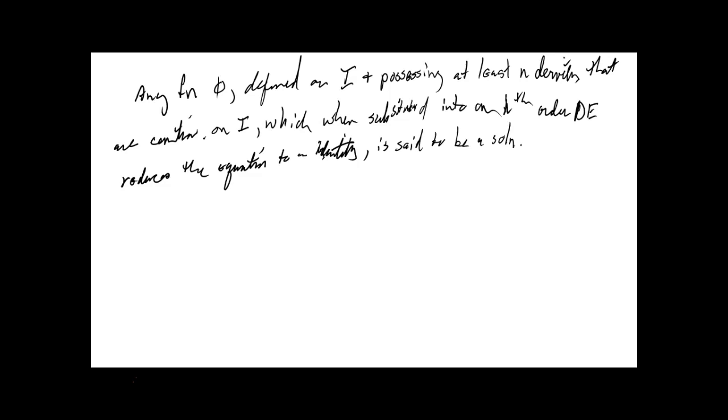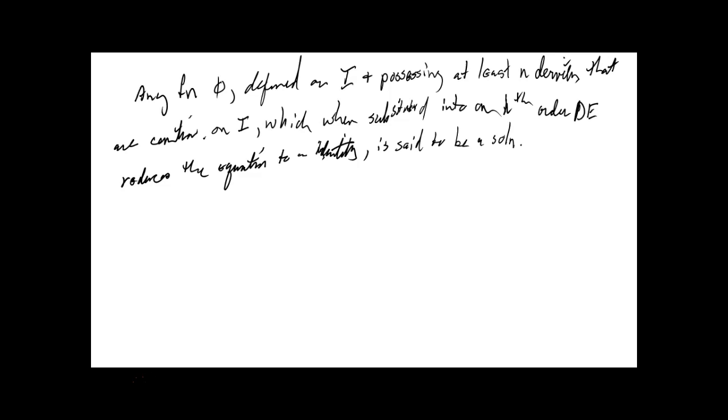So in other words, if this function phi, when you do the things to it that it says to do, take derivatives of the same, put it all in there, and you get an identity, then it's the solution. Okay? A lot of blah, blah, blah for telling you what a solution is.